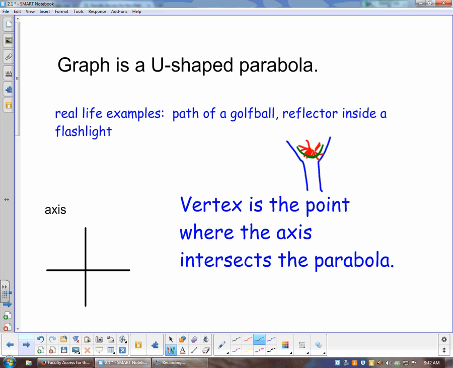I'm just doing a cross-section of your flashlight. One of the properties of parabolas says that every time a beam hits the parabola, it comes straight off like this. So that's why the beam of a flashlight is always going in one direction. Does that make sense? Okay, anyway, cool example of quadratic functions.